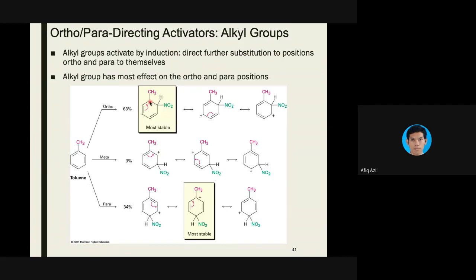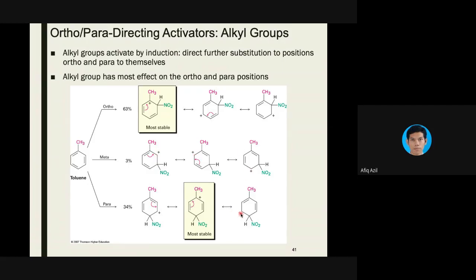You see, this is a carbon bonded to 1, 2, 3 other carbons. Same as well for this carbon, it is bonded to 1, 2, 3. Whereas in the meta position, the highest carbocation it has is secondary, which is this one, secondary, secondary, and secondary.